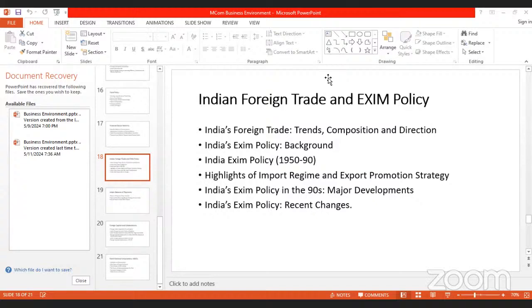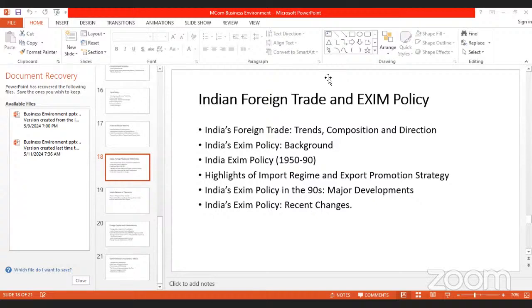The policy outlines the regulations, procedures, and incentives for foreign trade and is updated periodically to adapt to changing economic scenarios. So this is how the EXIM policy, that is export-import policy, came into existence.